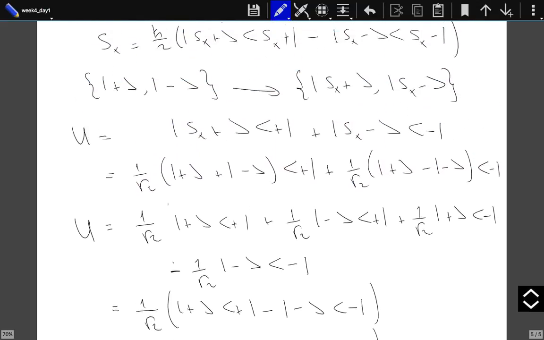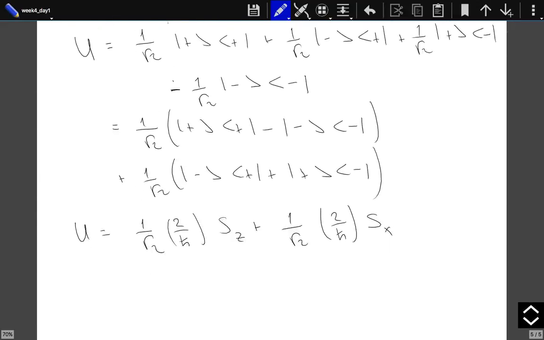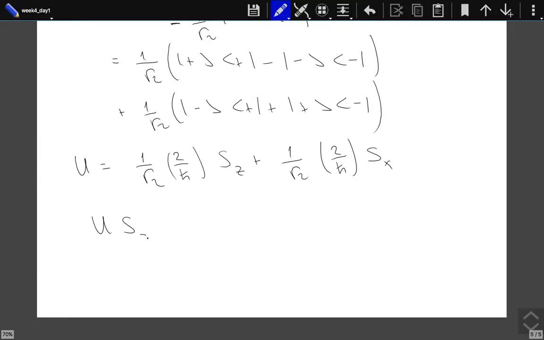Let's check. So U A U dagger, where A is Sz. This is equal to, well, we have this square root of 2 over h bar squared, which is common. Then we have in U Sz plus Sx, Sz, and if you take the dagger, Sz dagger is Sz.